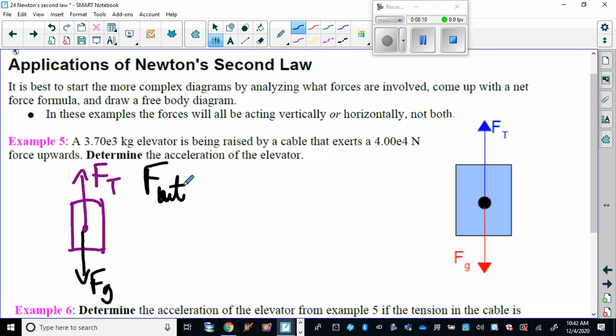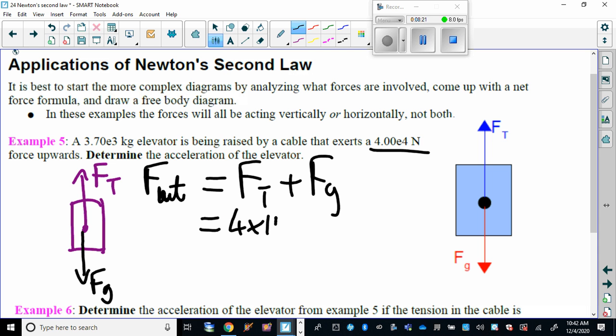The F net, the net force, is the combination of those two forces, the force of tension and the force of gravity. We're given the force of tension right here, 4E4. The force of gravity we have to calculate because we know that Fg equals mg, so plus m.